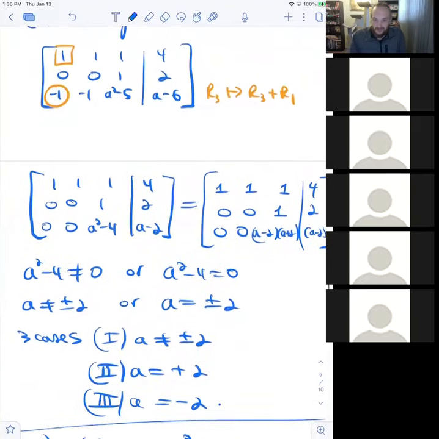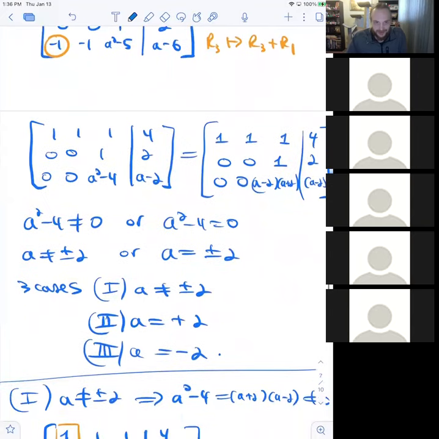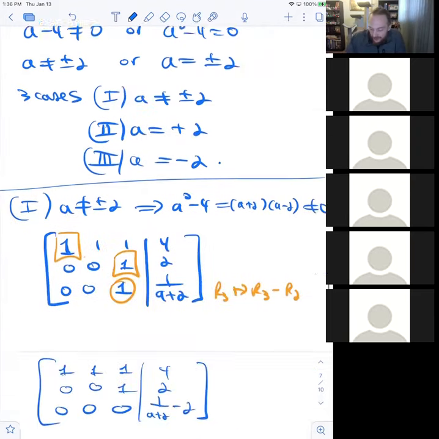Getting to row echelon form or reduced echelon form has many applications. We're going to use row echelon form to find inverses of matrices. And then we're also going to use row echelon form to determine whether we have spanning sets or linearly independent sets of vectors or basis vectors in dimensional spaces. So we're going to answer these more sophisticated questions using the row echelon form or reduced row echelon form of the matrices.